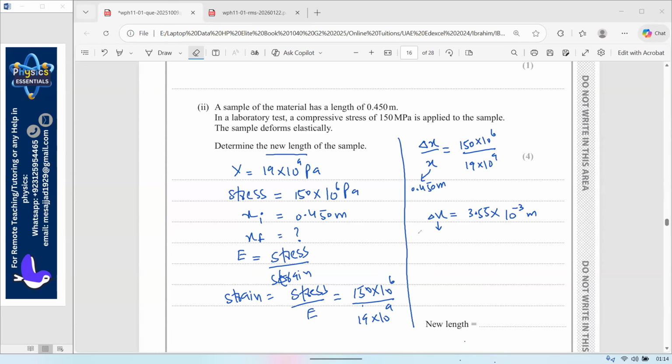Now, this change in length is equal to final length minus initial length. So 3.55 into 10 raised to the power minus 3 meters, and from here the final length will be xi plus 3.55 into 10 raised to the power minus 3.